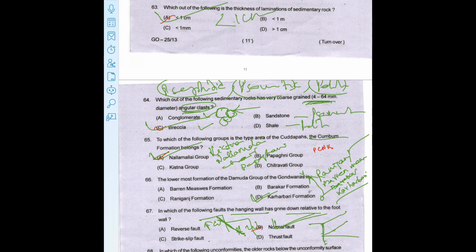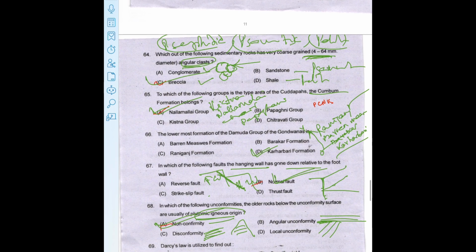In angular unconformity, we have inclined beds with horizontal beds. Local unconformity, locally it has its importance. So, when you talk about an igneous body at the bottom of the unconformity, it is non-conformity.